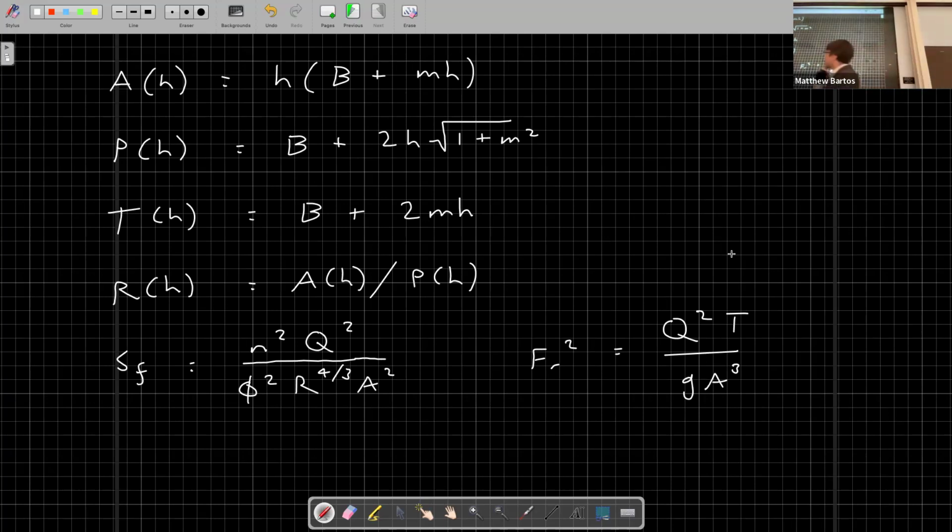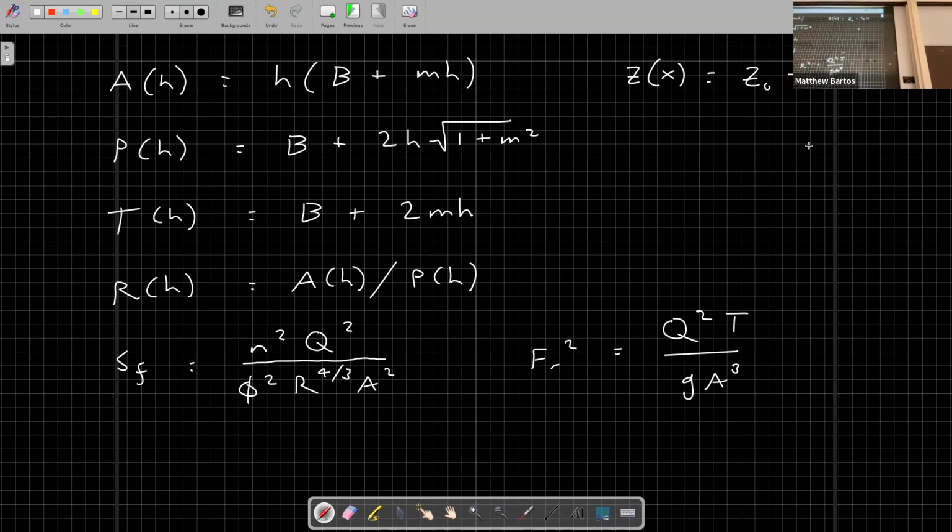There's one other parameter that we're going to want to know. In addition to the depth, we also probably want to know the water surface elevation. So I'm going to come up with an expression for the elevation of the bottom of the channel. The elevation of the bottom of the channel, Z of X, as a function of the distance, is given by Z naught minus the bottom slope times X. So Z naught would be the most upstream point.